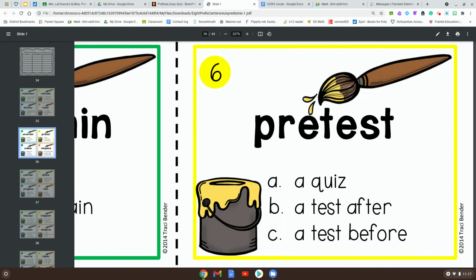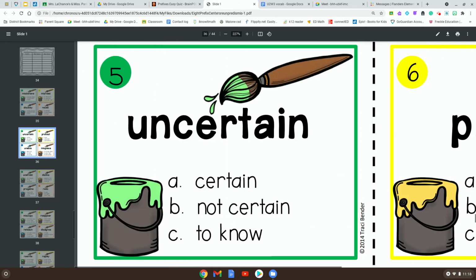A pre-test, is that a quiz, a test after, or a test before? Well, pre is the prefix for before. Test is our root word, so it would be before test. So it would be C, a test before.